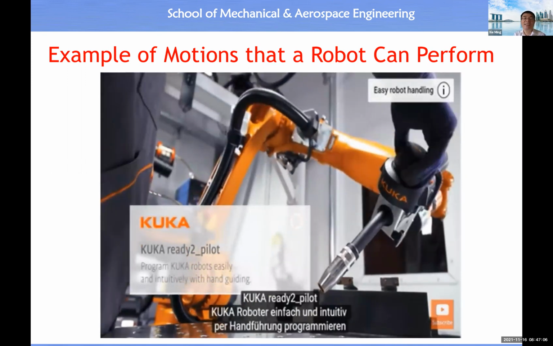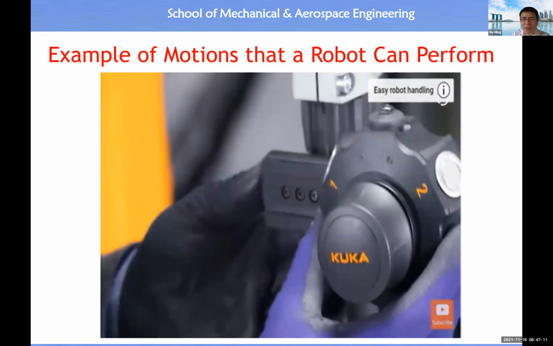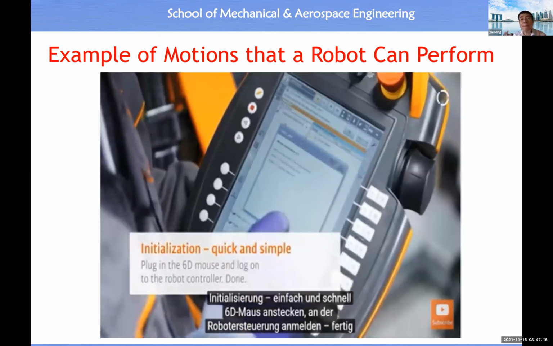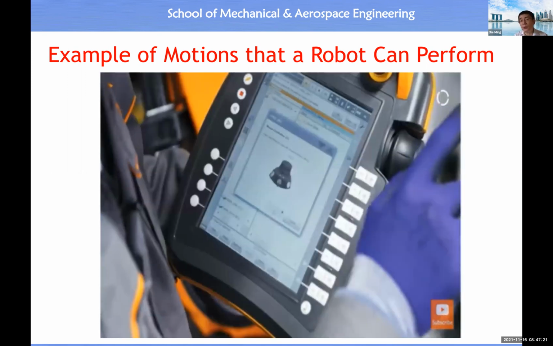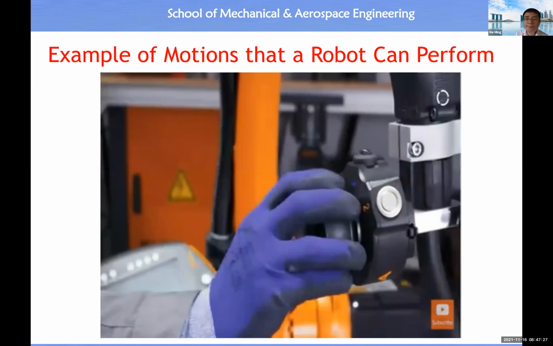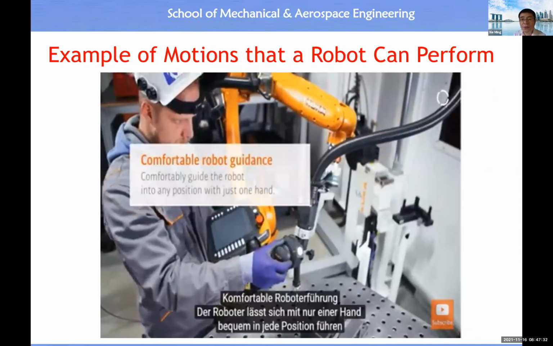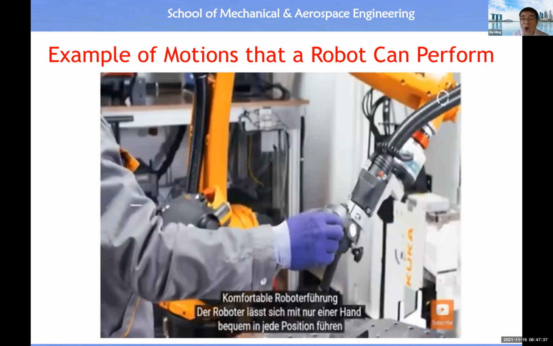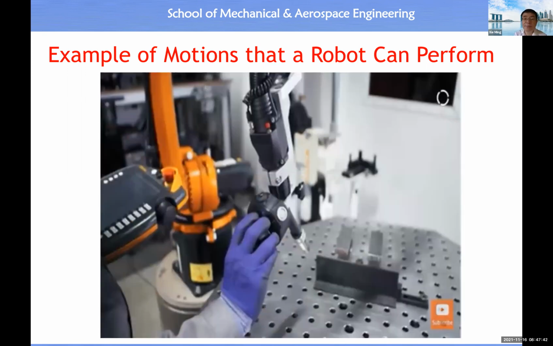These are the two types of motion that the robot can perform. Through the combination of these two basic types of motion, the robot eventually can perform all kinds of motion. So you see the robot can undergo translation, rotation, or combined motion or complex motion.